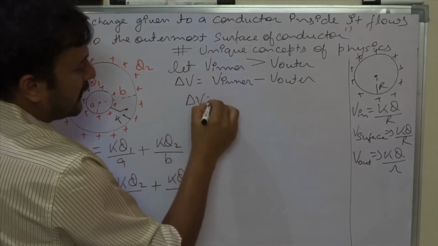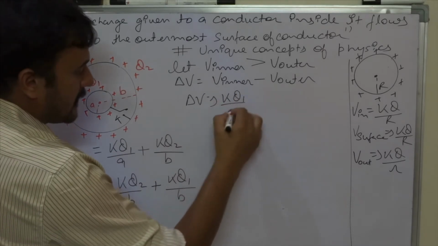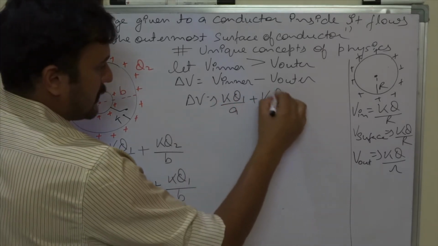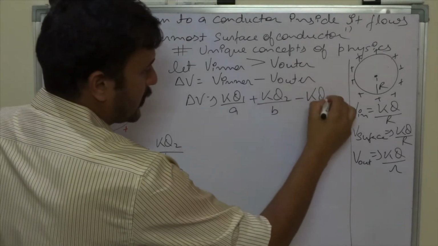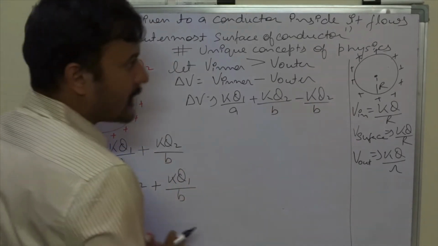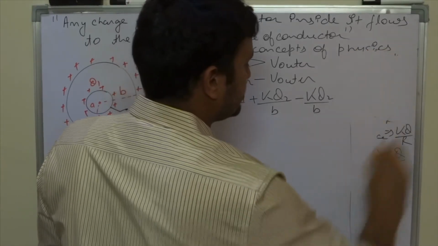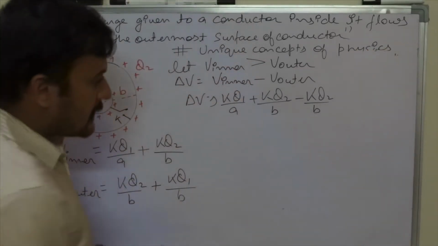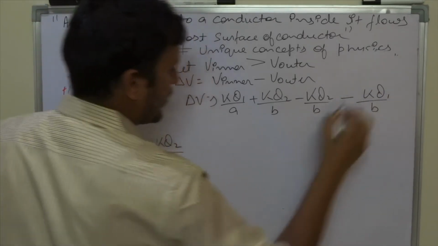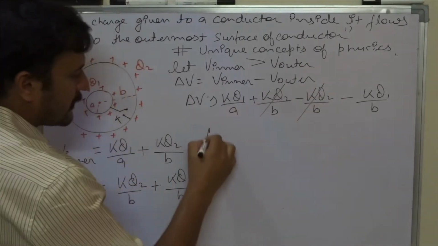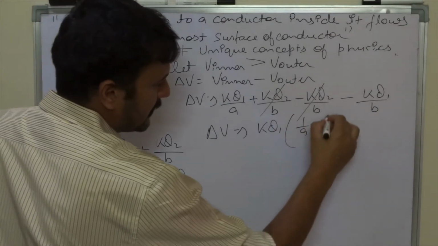So v inner will be k q1 by a plus k q2 by b, minus v outer, k q2 by b minus k q1 by b. So cancelling this out, delta v is equal to, taking k q1 common, 1 upon a minus 1 upon b.